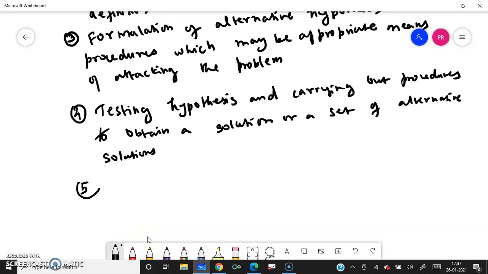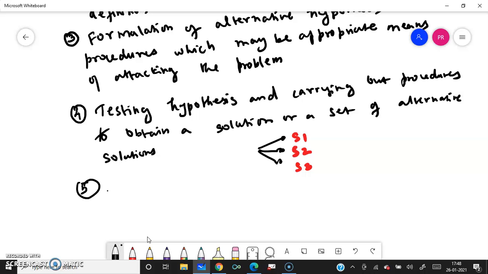We are finding the procedure to obtain the solution, or finding some alternative solutions. Then the 5th one is deciding which possible solution is most appropriate. So here is solution 1, solution 2, solution 3. In the steps, there are so many solutions we are making.